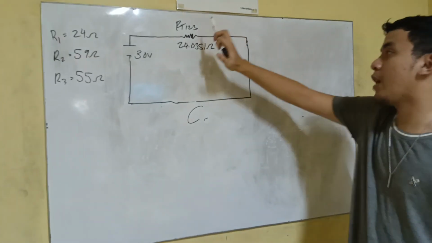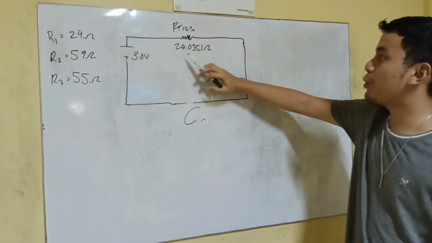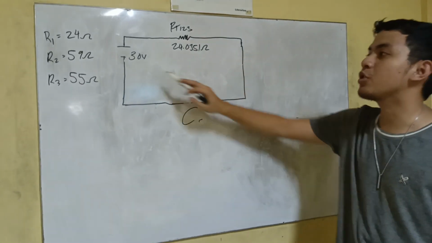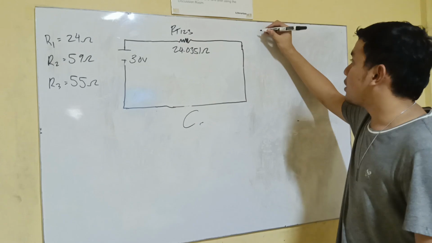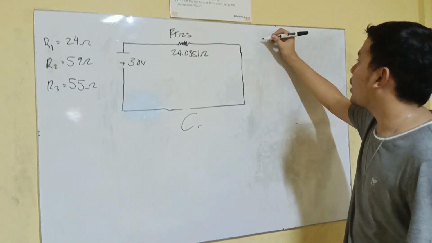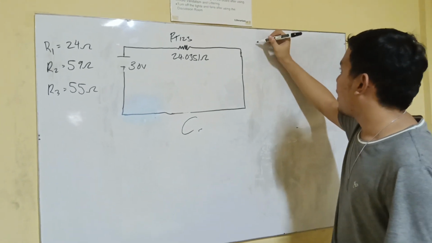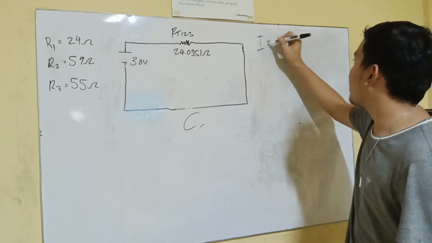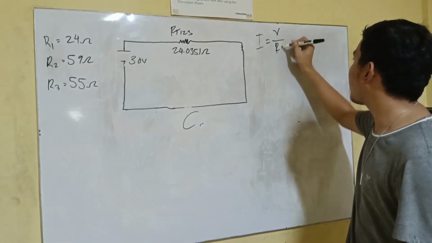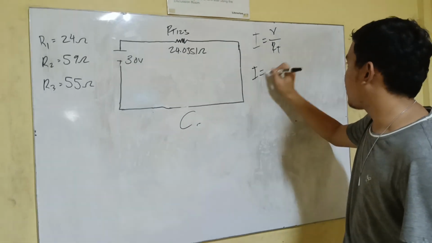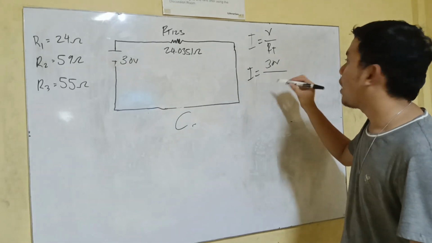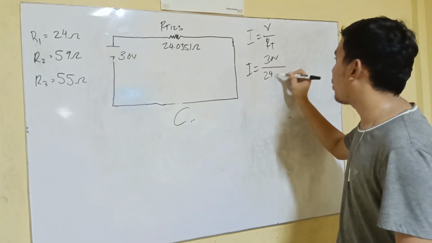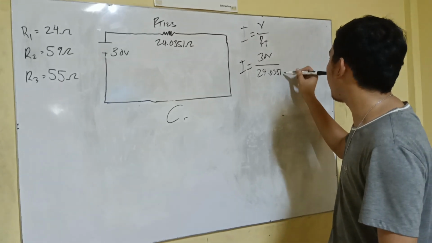Lastly, we're going to solve the current of this problem. We have the R total 1, 2, 3 of 24.0351 ohms, and the voltage is 30 volts. The formula of the current is I equals V over R total. V is 30 volts and our R total is 24.0351 ohms.